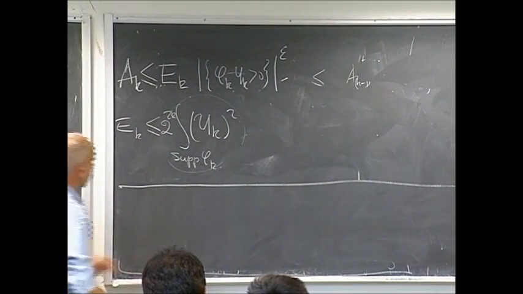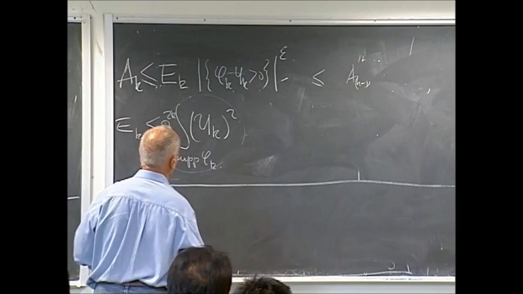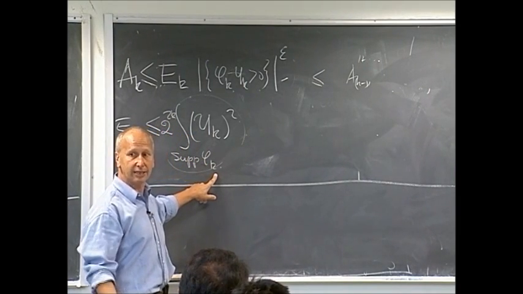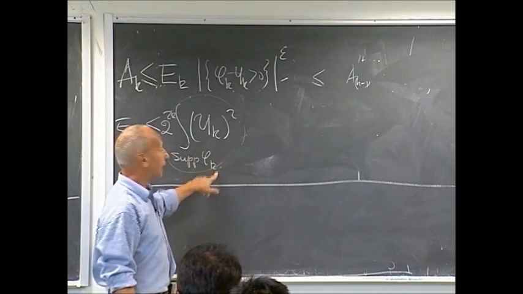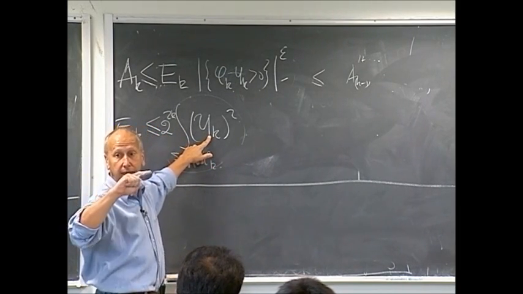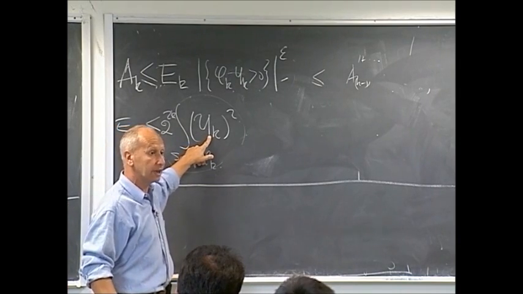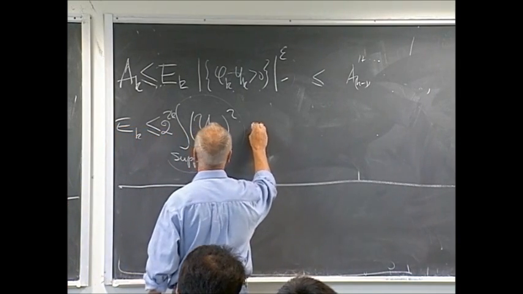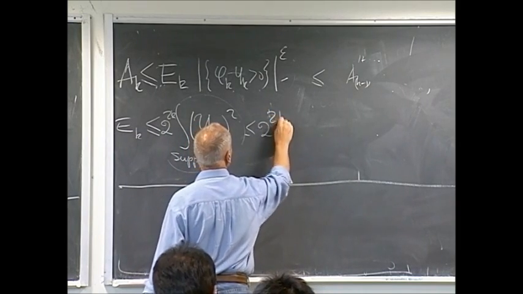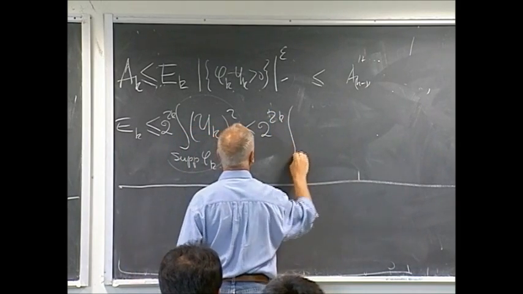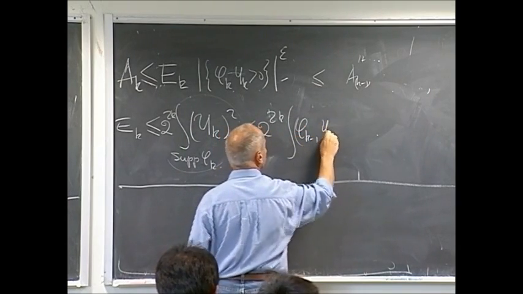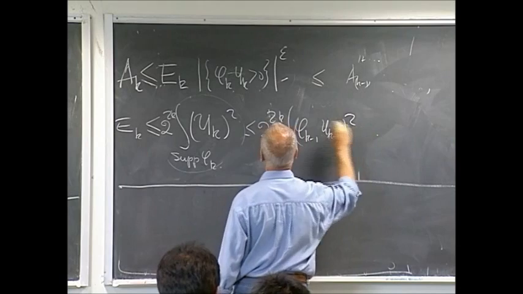Okay, so here remember that on the support of phi_k minus 1 was identically 1. And u_k is less than u_{k-1} because I'm truncating at a smaller level, right? So that means that here I can replace this by 2 to the k, and here I can replace this by phi_{k-1} u_{k-1} squared.